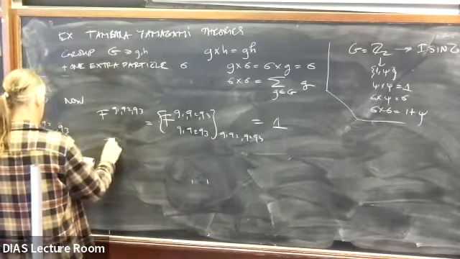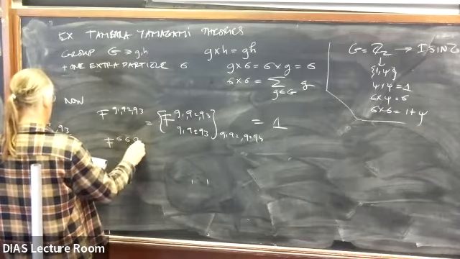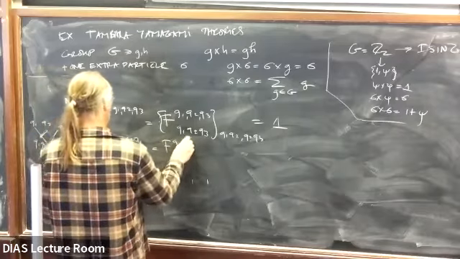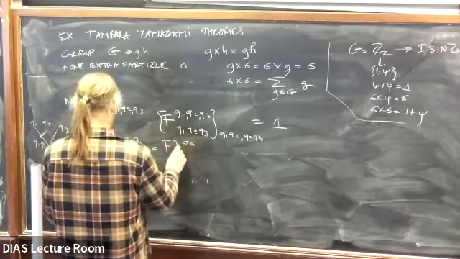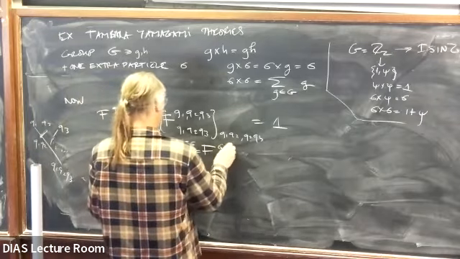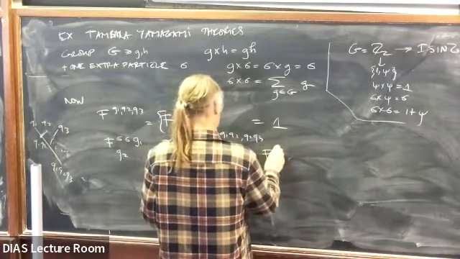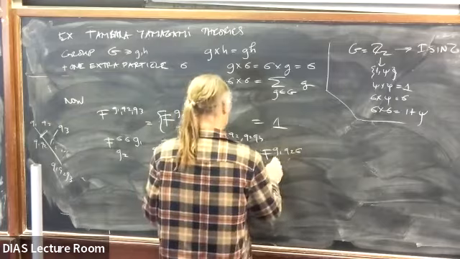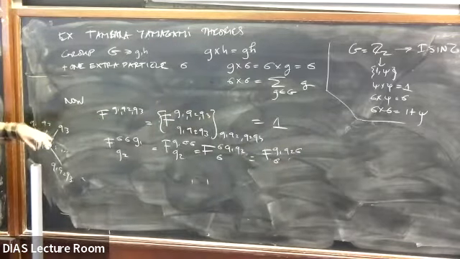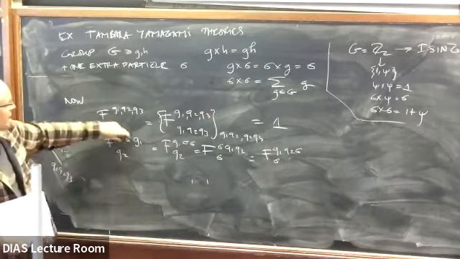Then we have F of sigma sigma g1 g2, and F of g1 sigma sigma g2, and F of sigma g1 g2 sigma, and F of g1 g2 sigma sigma. So in all of these we have two sigmas and two g's, and the sigmas are next to each other.